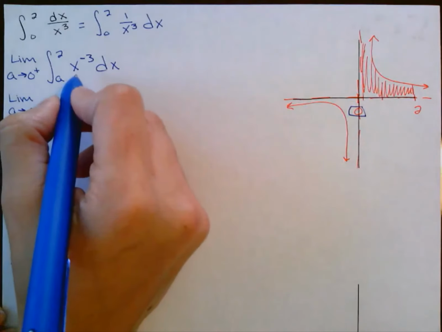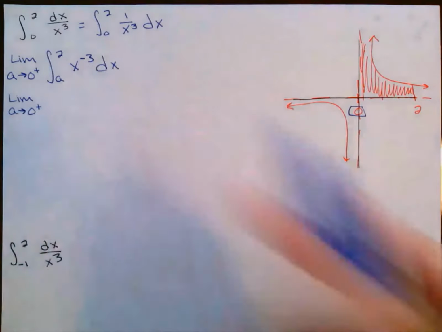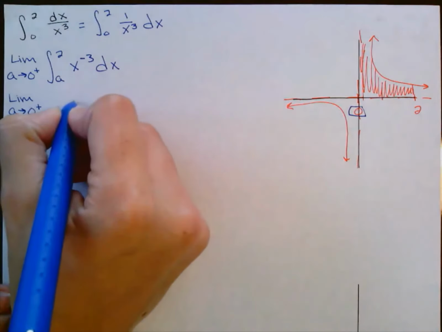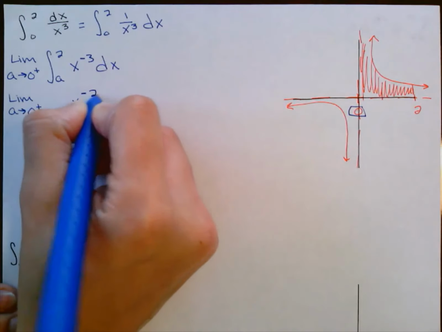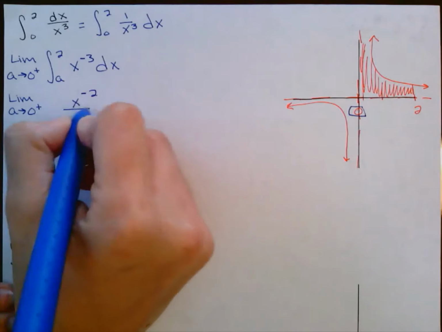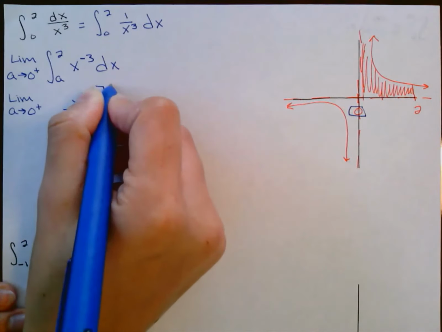Keep writing that notation all the way up until you plug that in. And now I'm going to do my antiderivative. So if I add 1 to the exponent, it's going to be x to the negative second, divided by my new exponent, and this goes from a to 2 now.